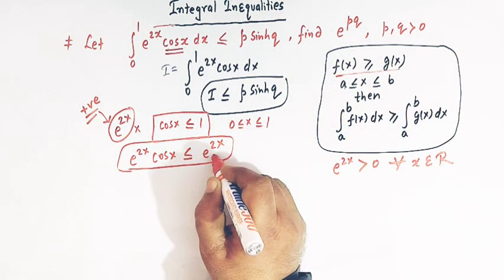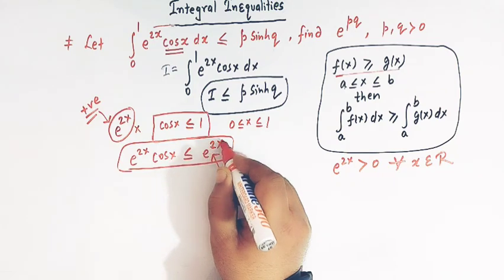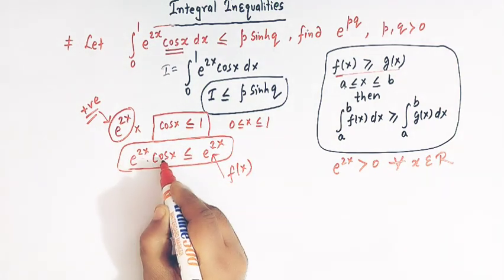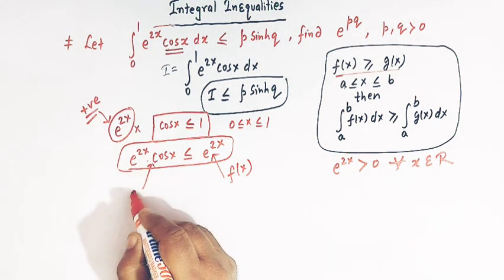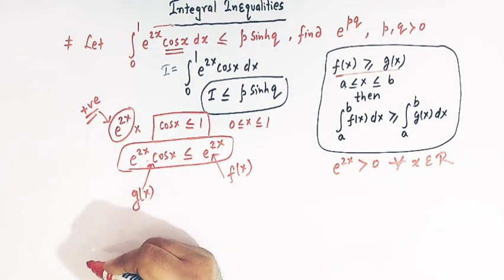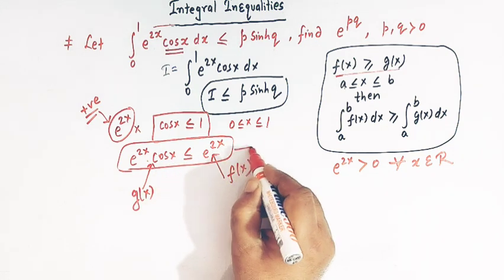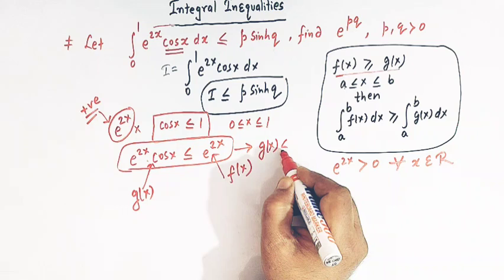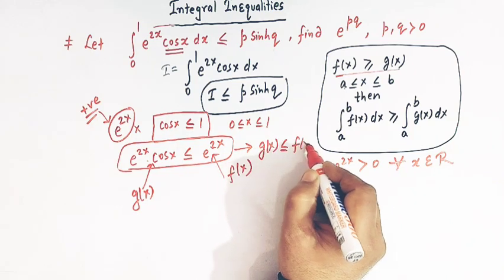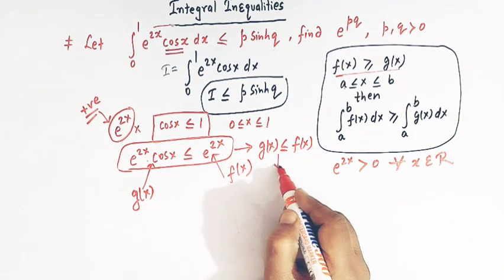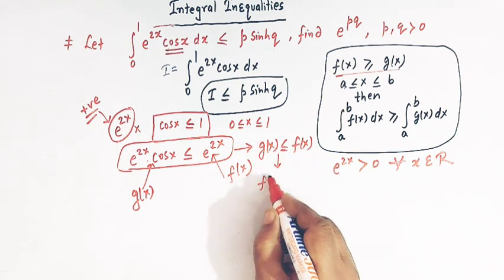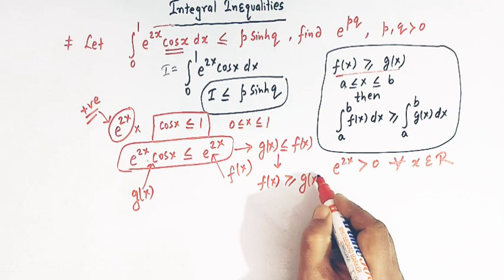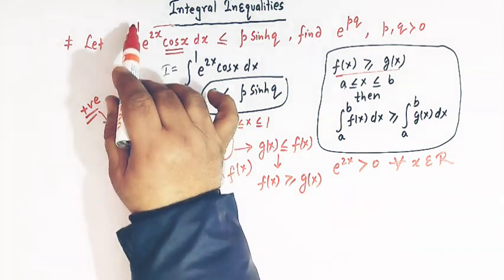So we'll take e raised to 2x as f of x, and e raised to 2x times cosine x as g of x. Now g of x is less than or equal to f of x, so we can also write this as f of x greater than or equal to g of x in the interval 0 to 1.